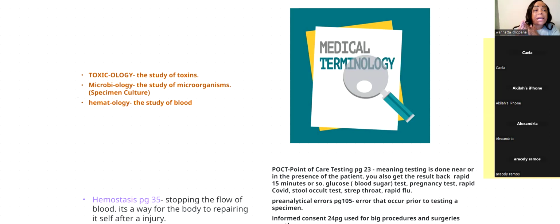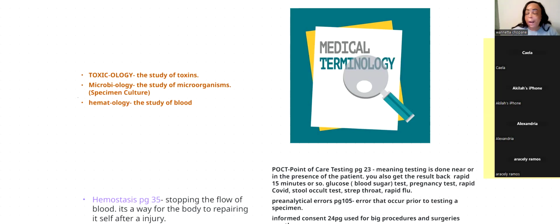Ology means the study of. So from now on, if you see a word that ends in ology, it means the study of whatever the beginning of the word is.